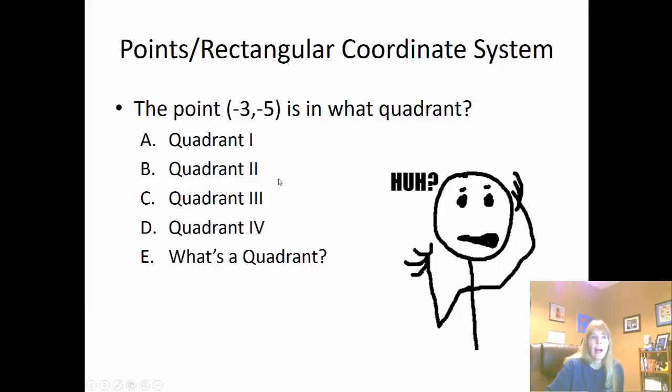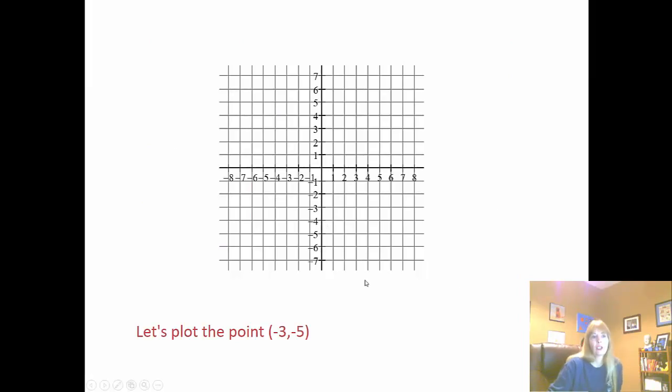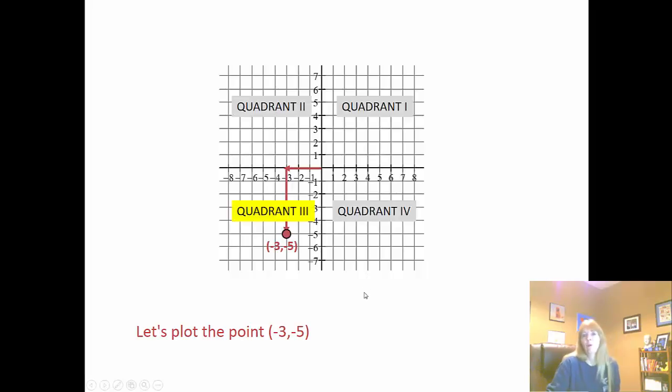If you remember how to plot, you draw your x, y axis, and the very first value is your x, which is negative, so you go over that way. And then your y is negative, so you go down that way. Then if I actually plot this, I go over there, I go over there. And if you remember where we labeled quadrants 1, 2, 3, 4, this would be in quadrant 3.